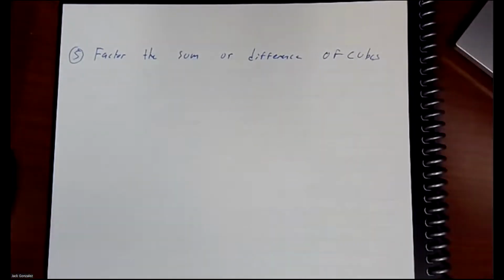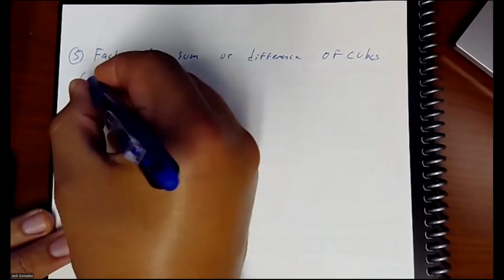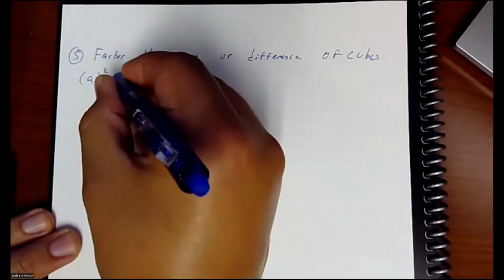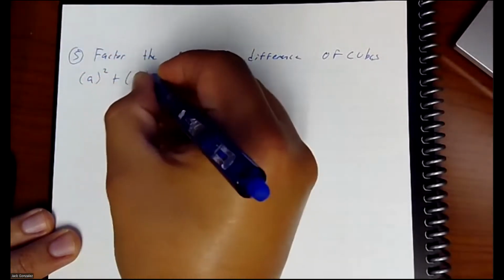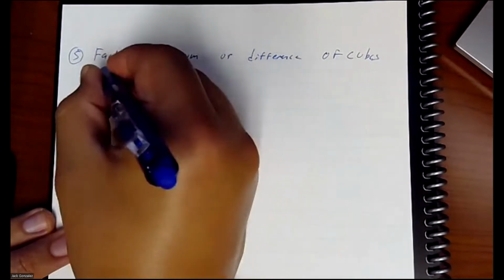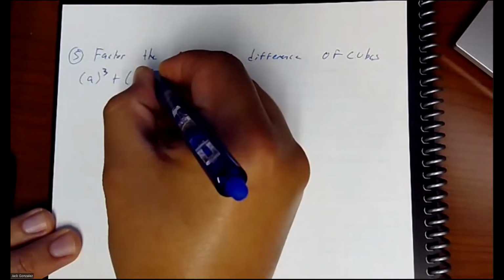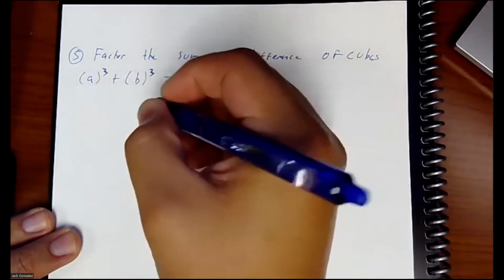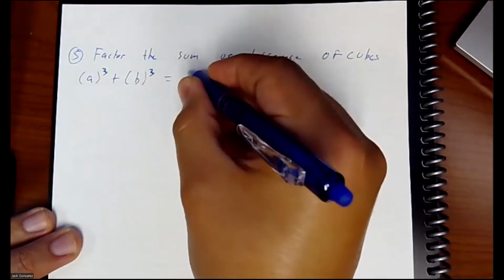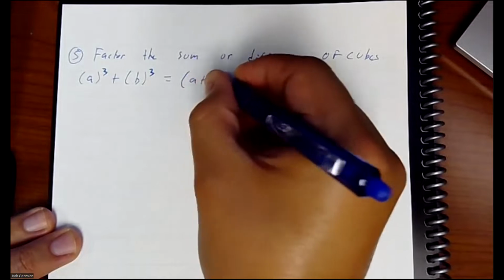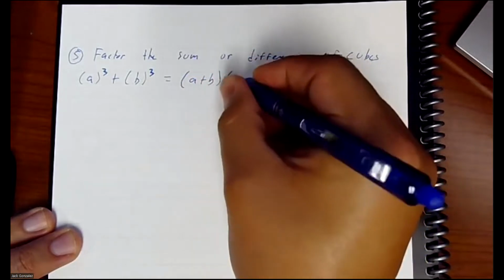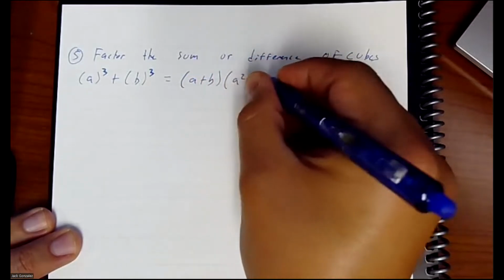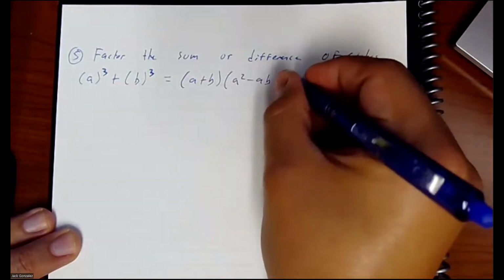Okay, so number 5 is factor the sum or difference of cubes. Let me give you both formulas right now. You can have that on your formula sheet. You are allowed a sheet of formulas, whatever you like, just no examples. A sum of cubes, a cubed plus b cubed, will be a plus b times a squared minus ab plus b squared.